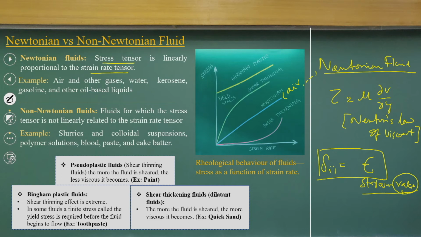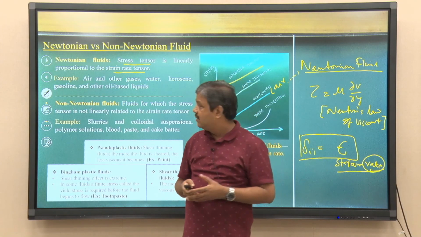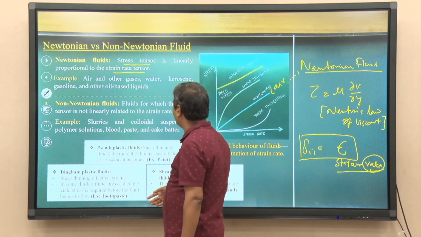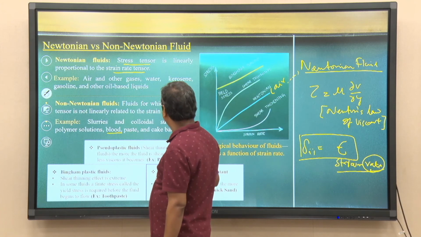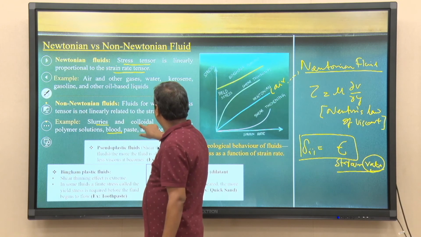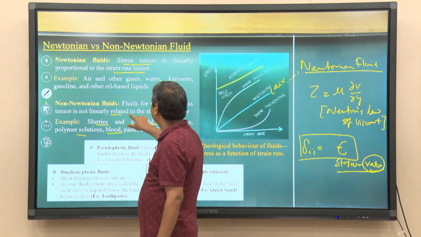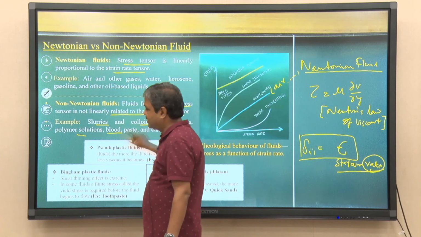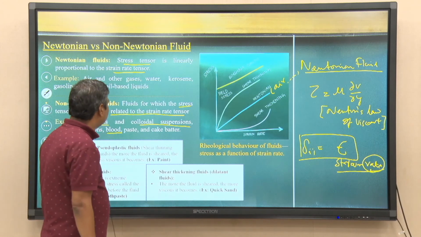In this course we will talk about Newtonian fluids, but in today's world a lot of flows do not follow this Newtonian concept. For example, blood in biomedical applications, slurries, suspensions and polymer solutions do not follow a linear relation between stress tensor and strain rate tensor.